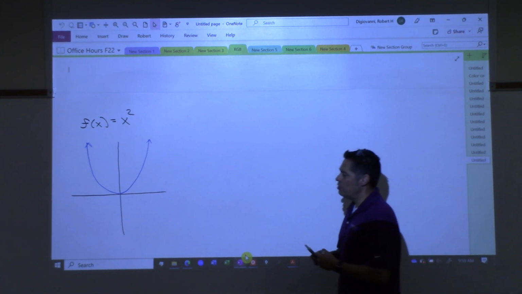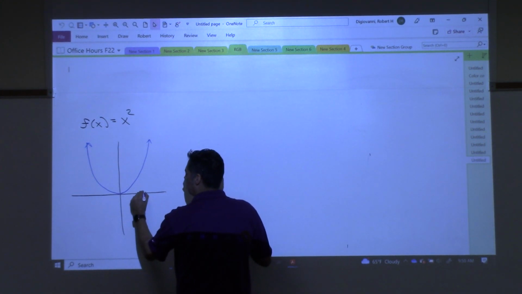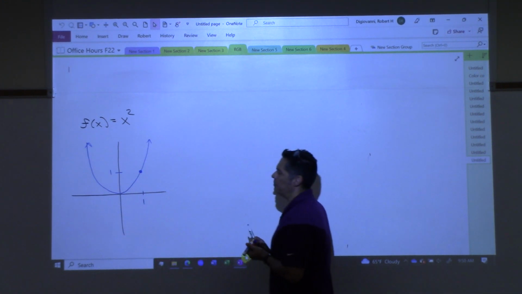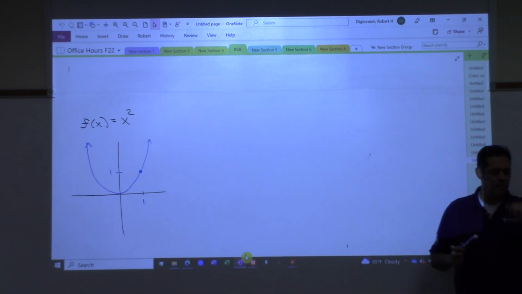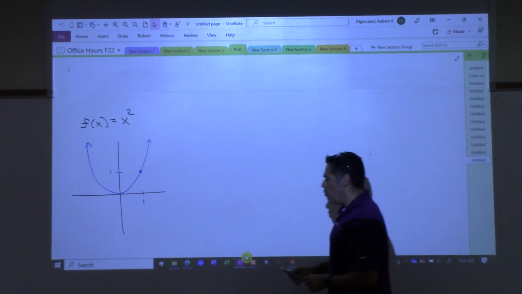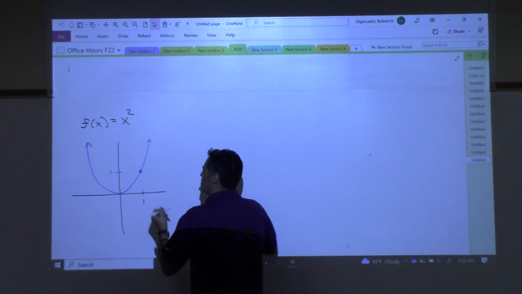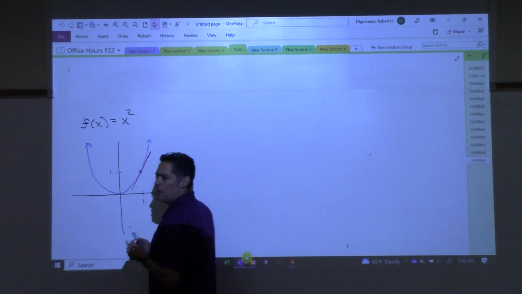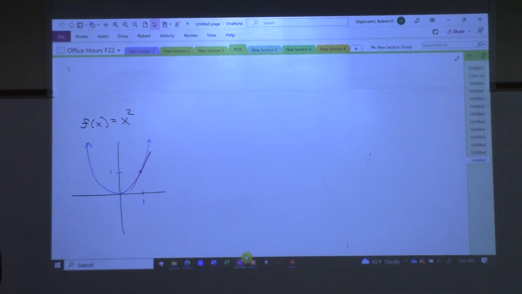Now, if I go to, let's say, x equals 1, I go up to this point. That point is also 1, right? Plug in 1, 1 squared is 1. Now, if I wanted to know the slope of the tangent line there, what would you do?